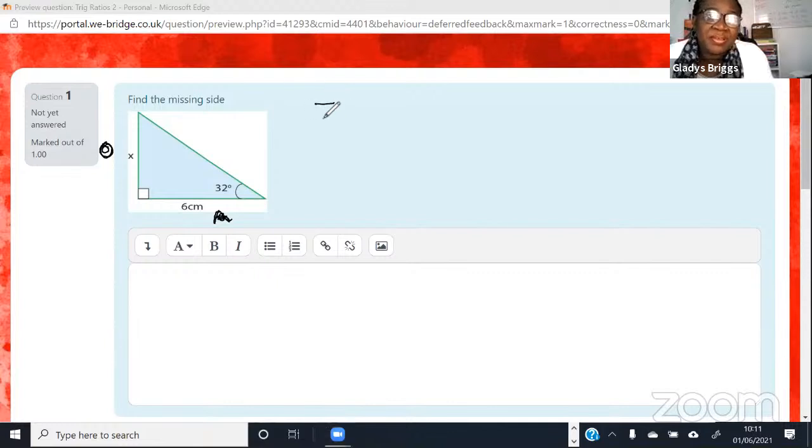So tan theta is equal to opposite over adjacent here.